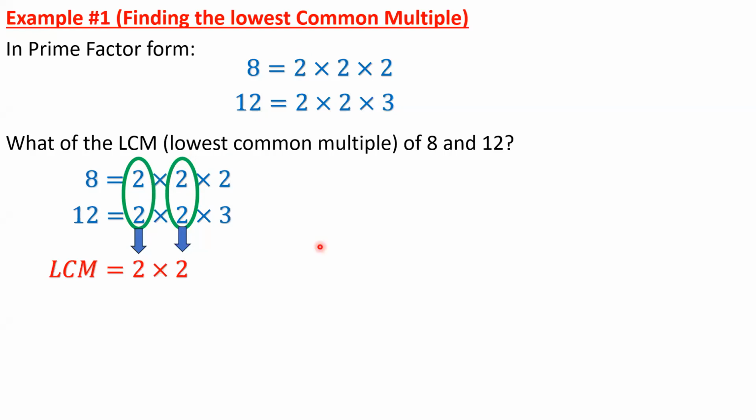The only difference between the HCF and the LCM is that the ones that are remaining, we still have to include them, which means that you include this 2 and you also include this 3. And so we have 2 times 3. That's the difference. So the LCM, therefore, would be 2 times 2 times 2 times 3. And that's how we'd find the lowest common multiple using prime factorization for 8 and 12.